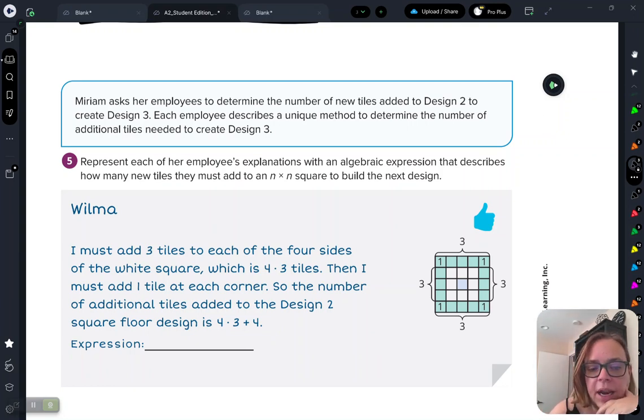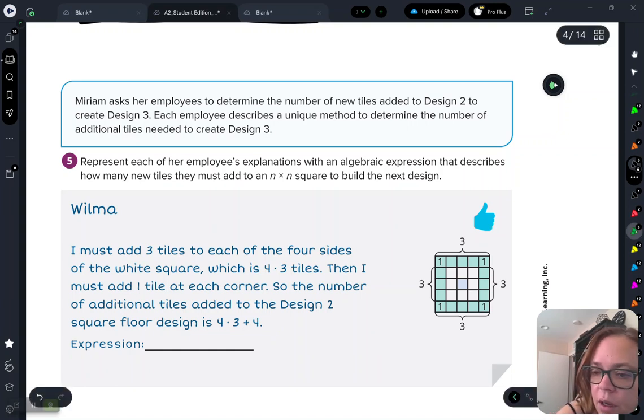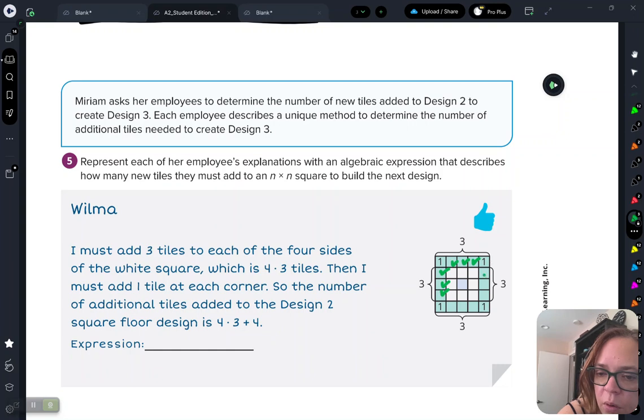Okay, so Wilma said I must add 3 tiles on each of the 4 sides. 1, 2, 3, 1, 2, 3, 1, 2, 3, 1, 2, 3. Then I must add a tile for each corner. So basically she did it the way that I thought of it, right?